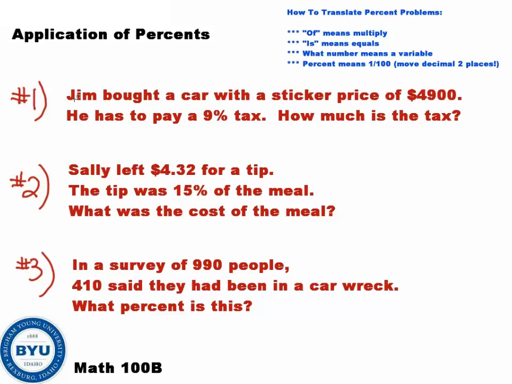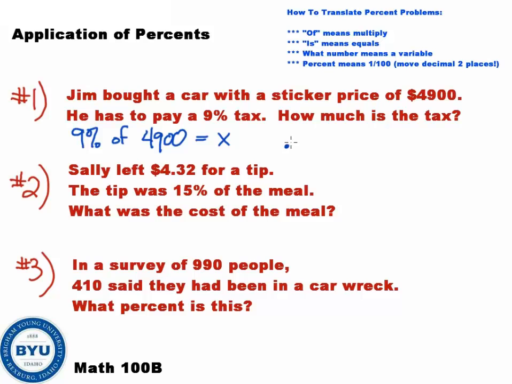Okay, time to take a look at this. Jim bought a car with a sticker price of $4,900. He has to pay a 9% tax. How much is the tax? So, in other words, we are doing 9% of $4,900 equals what? That's the problem that we're doing here.